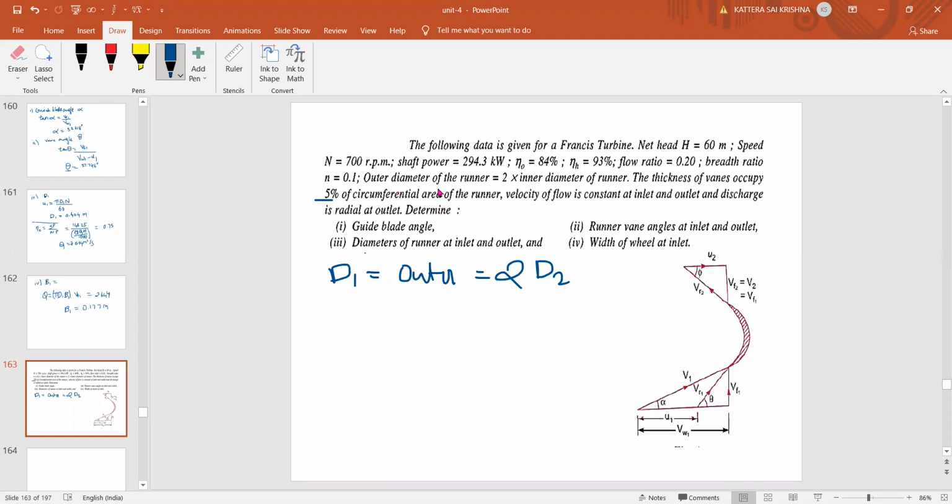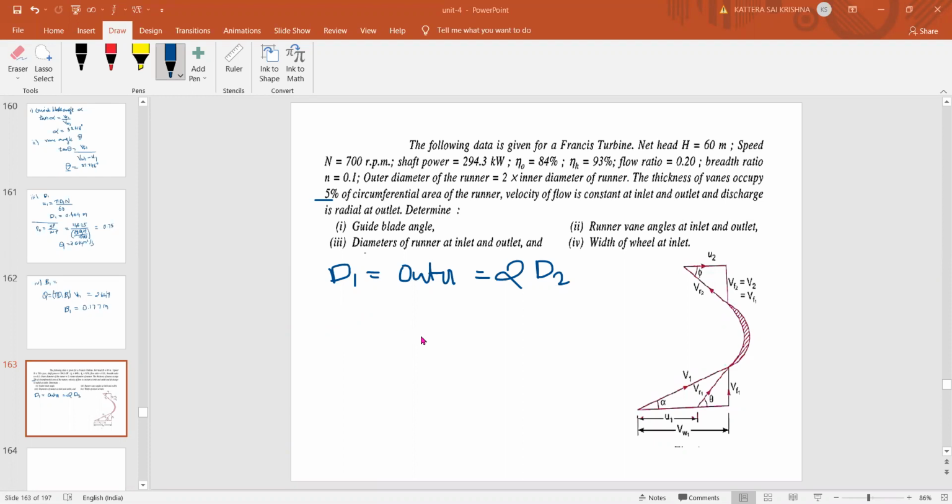So the actual area for this problem becomes 95%, because 5% is occupied by the vanes. When you take the area, you need to take 95% of the area.